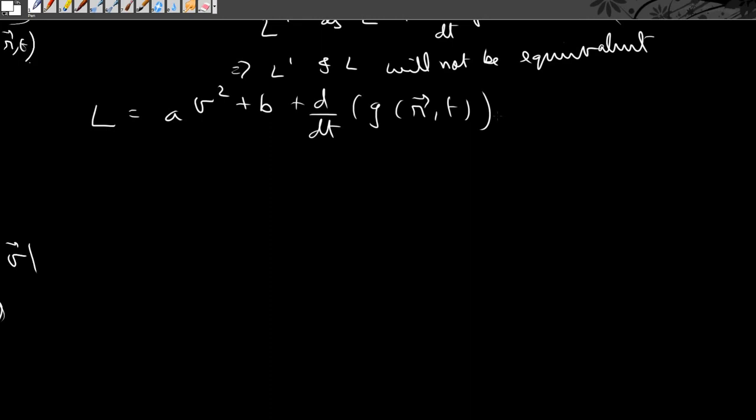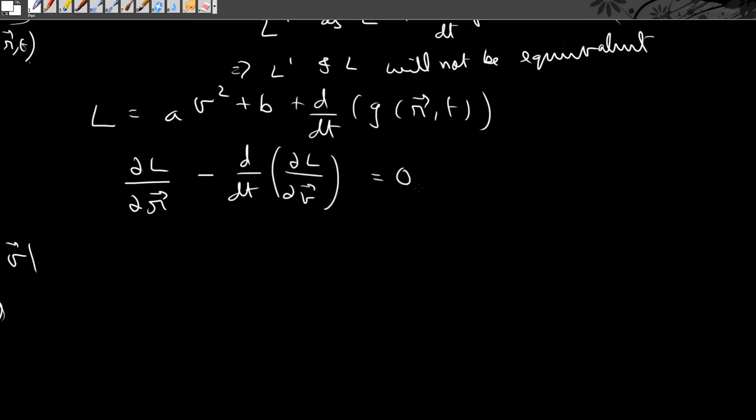Alright, but now let's see. We can choose any Lagrangian of this form, and what does the Euler-Lagrange equation say? It says dou L by dou r minus d by dt of dou L by dou v should be equal to 0.